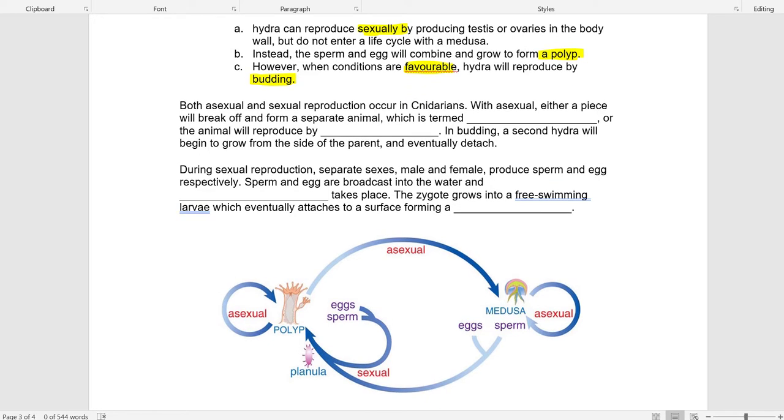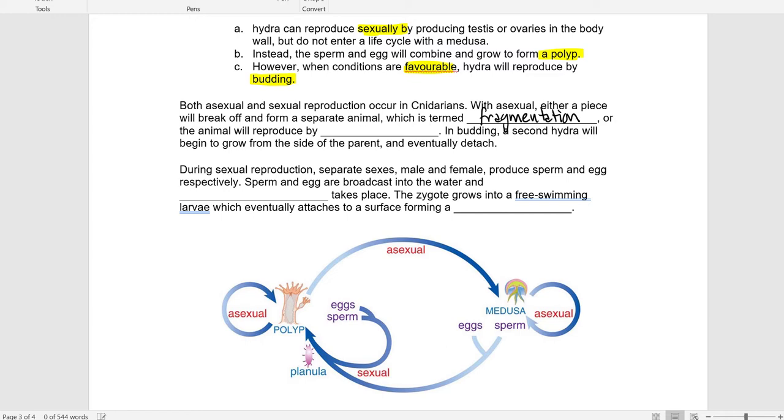So with asexual reproduction, either a piece will break off and form a separate animal, which is termed fragmentation, or the animal will reproduce by budding. In yeast, we call it budding, but fragmentation is very similar.